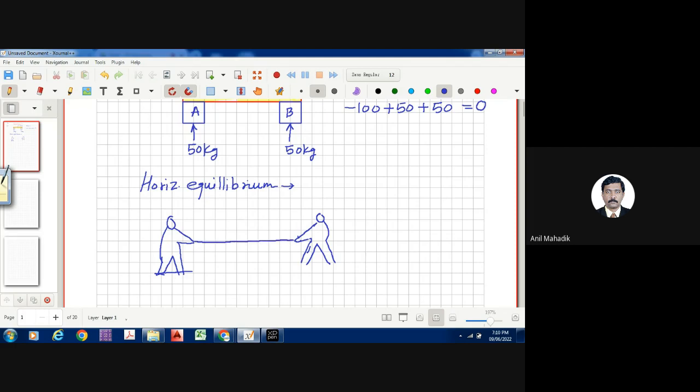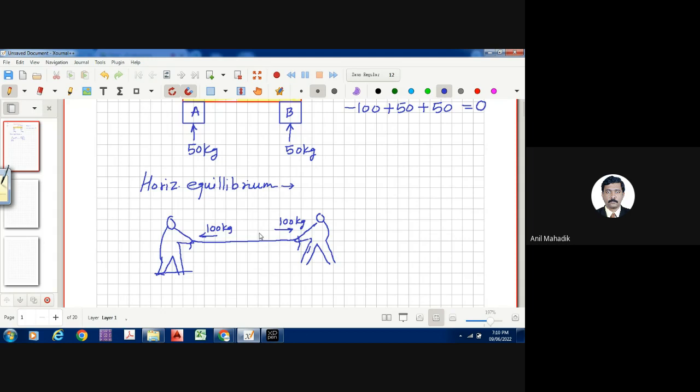There is a rope and they are trying to pull it. Let's say there is a 100 kg force here. This person is giving 100 kg force, and this person is also giving 100 kg force. So is it in equilibrium?